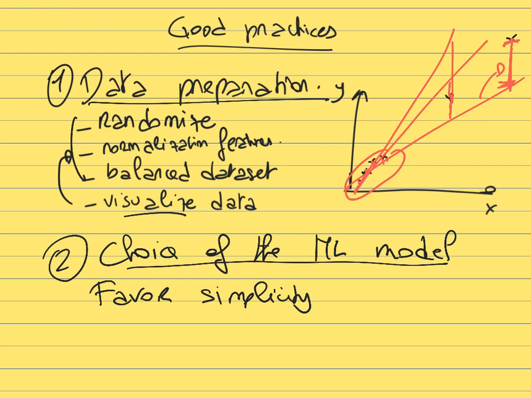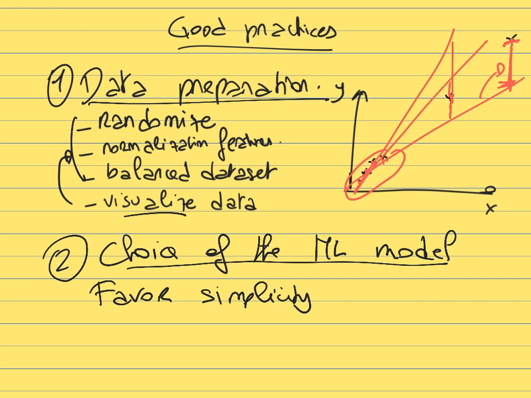So a more simple model is always going to be a better choice, assuming that you have two models that have the same accuracy. You should choose the most simple model. Of course, if you have a complex model that works well, that has a very high accuracy, and a simple model that doesn't work well, then it means that in this case the simple model is too simple and cannot reproduce the complex relationship between the input and the output.